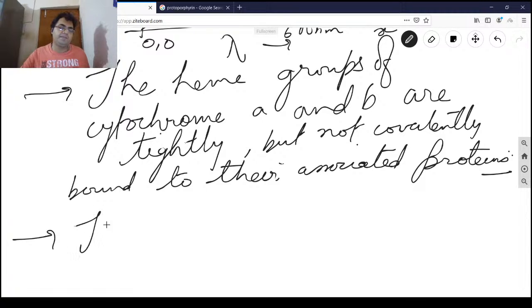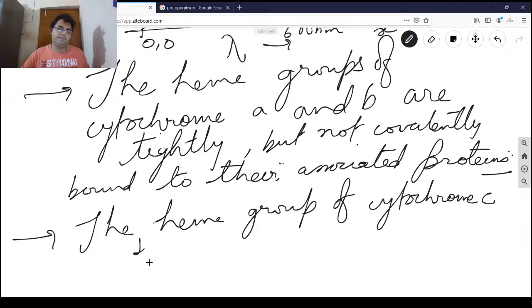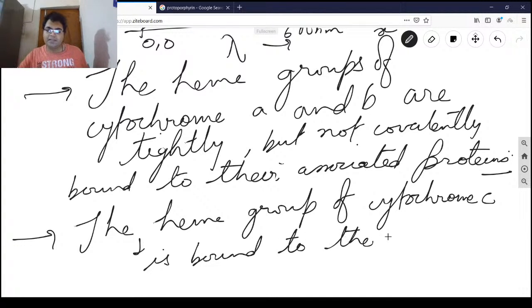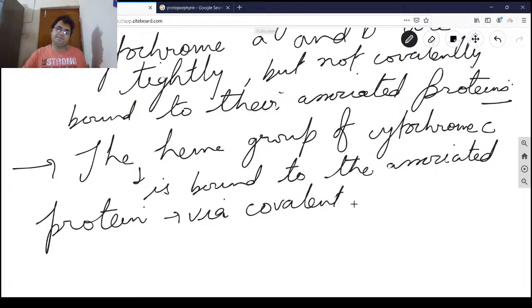Whereas the heme group of cytochrome C is bound to the associated protein via covalent interaction.